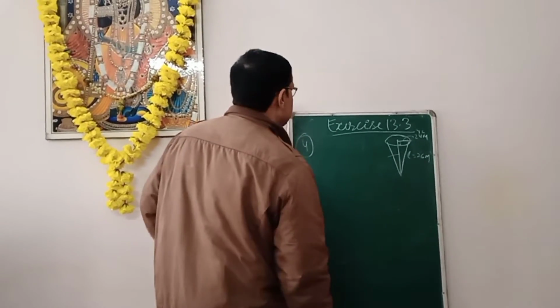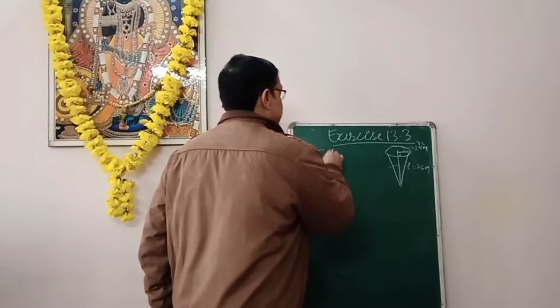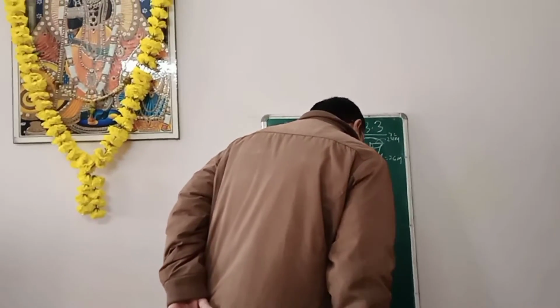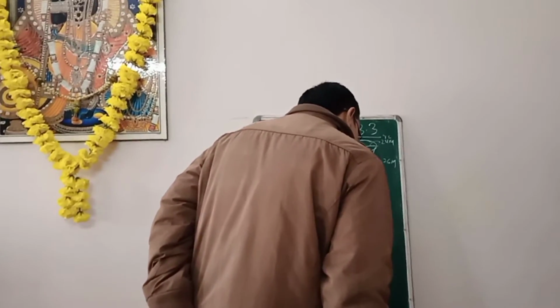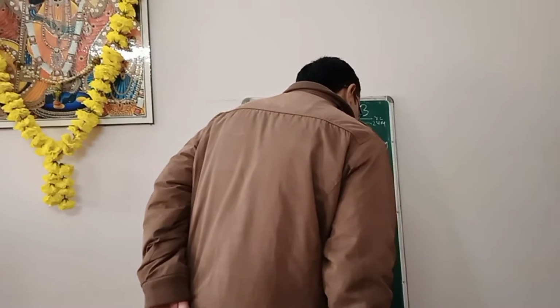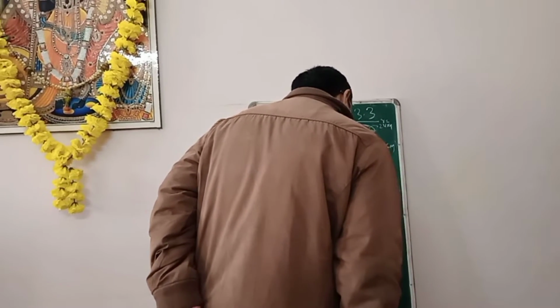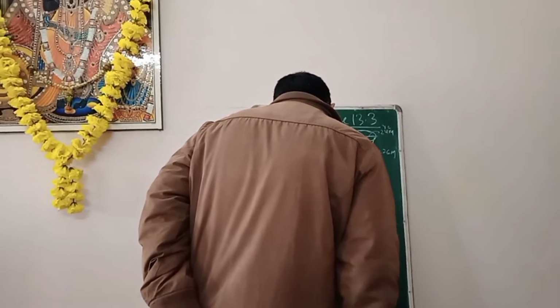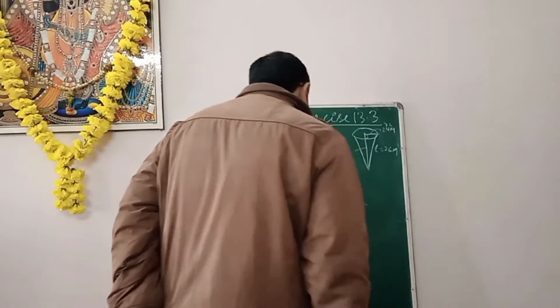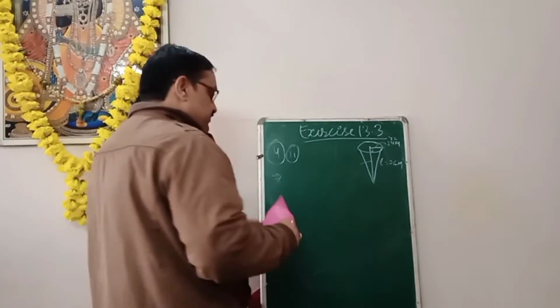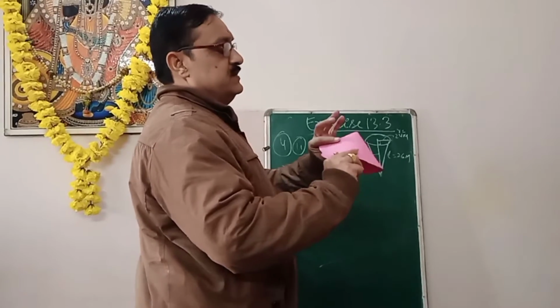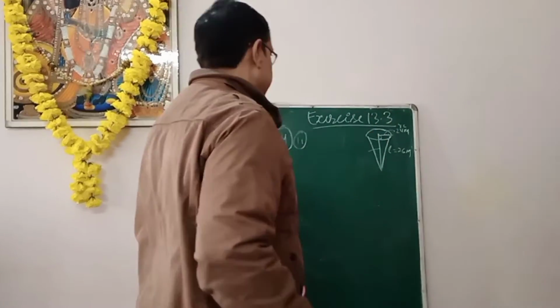Now coming to the second part. What is that second part? Second part says cost of canvas required to make the tent if cost of 1 meter square is rupees 70. So cost of canvas means this curved surface area.